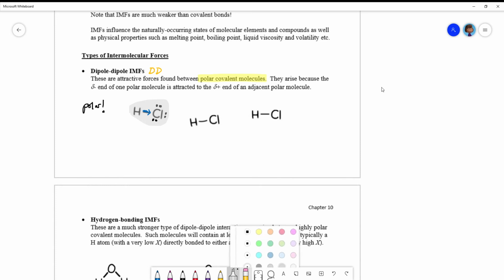We sometimes show this also using colors. And in this case, I'm going to show that the chlorine side of this molecule is where the electrons are pulled towards. And of course, that's going to make this end of the molecule permanently negative and the hydrogen end permanently positive. Now, this is also going to be the case for the other two HCl molecules that I've drawn here.